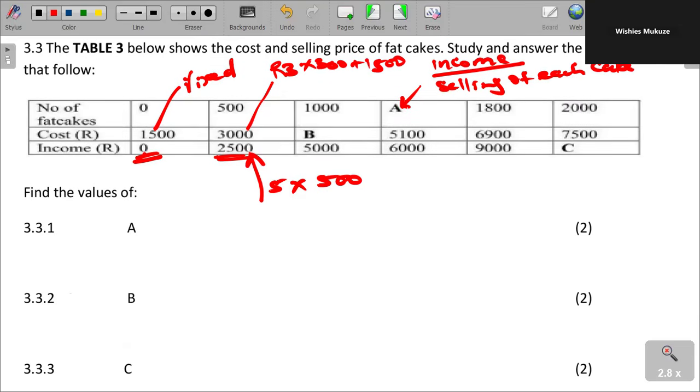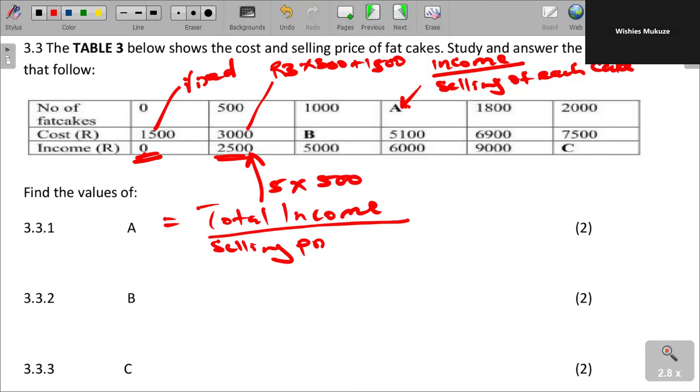So now, in terms of A, A is equal to our total income, 6,000, over the selling price per cake, which is 5 rand.